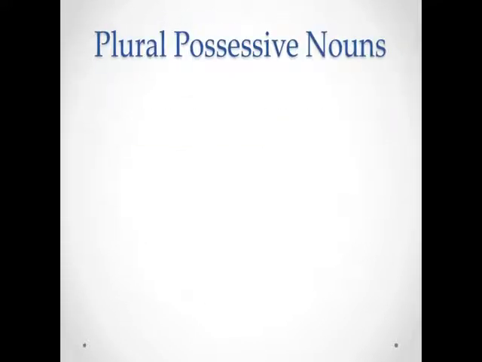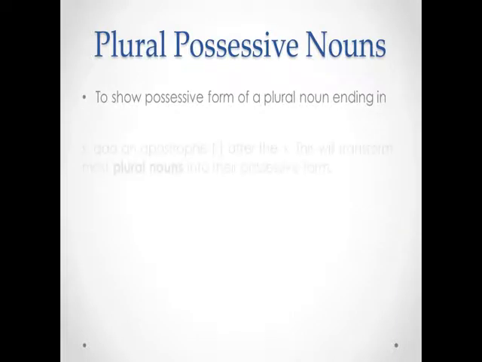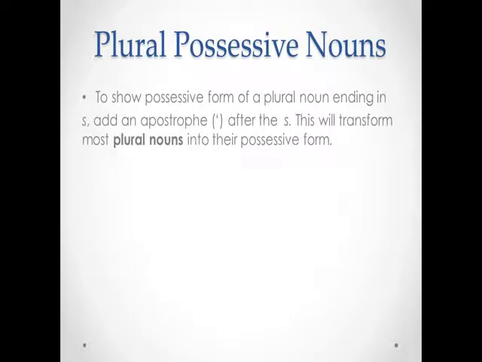Now sometimes you're going to have a plural noun that's already written in the plural form, and you're going to want to make that plural noun possessive. So when you're looking at a plural, so the Desmonds, and then you want to show possession of something. So what do we have?